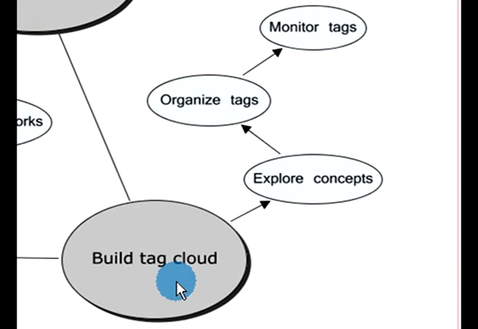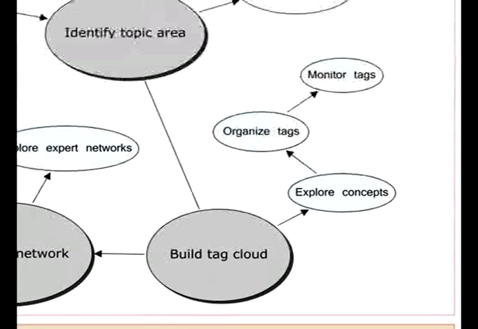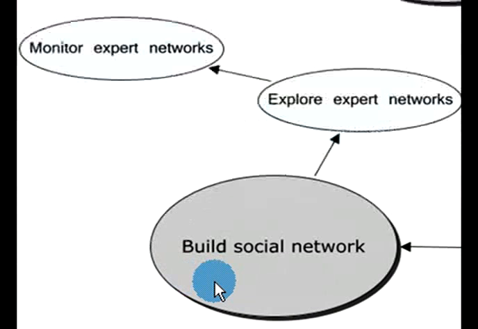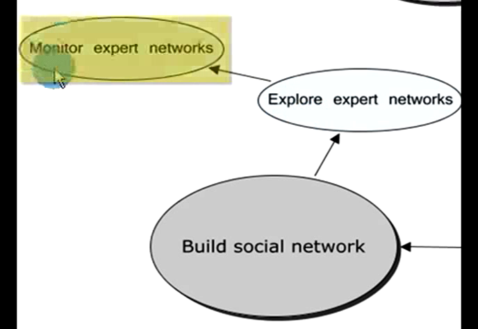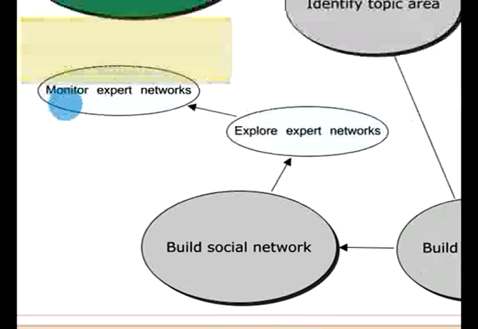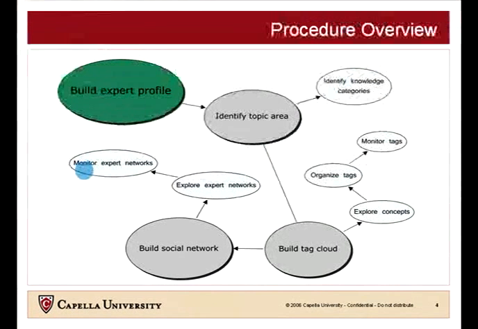We're going to explore the concepts involved, organize the tags, identify the search terms, and then set up automated monitoring of those tags in the social networking site. Finally, to build the social network, we're going to identify experts in our topic area and evaluate the quality of their links, and then monitor their activity with respect to new resources that they identify via the network. So that's the overview.